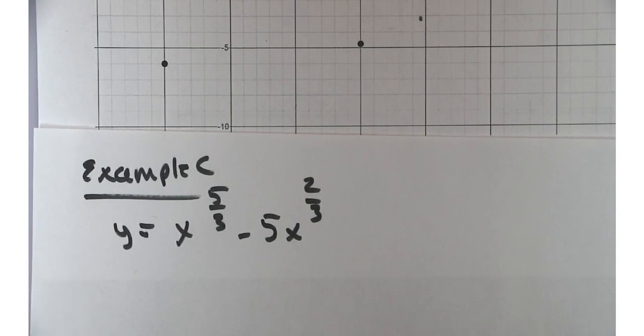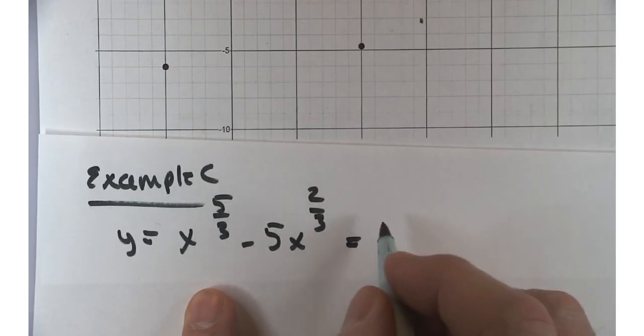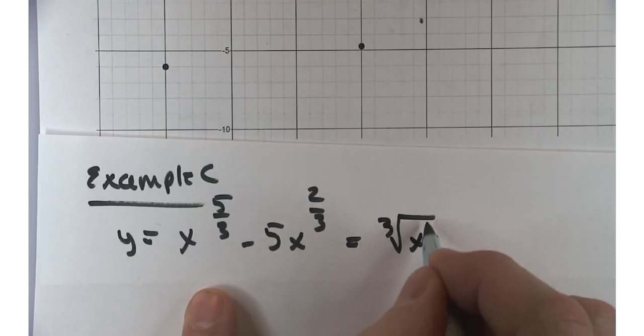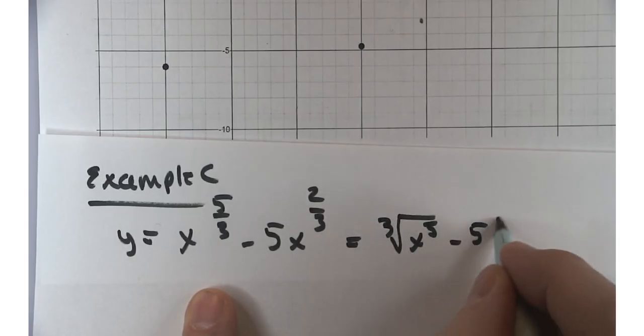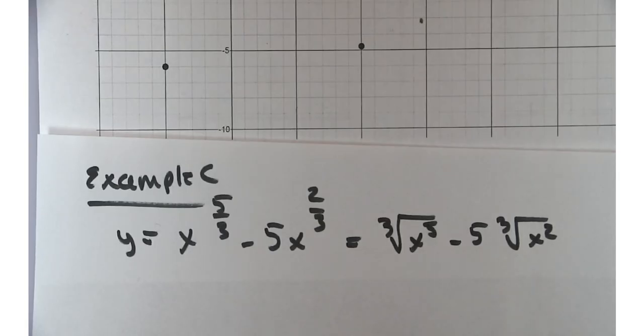Now, you could rewrite these with roots. It's not going to help you differentiate things, quite the reverse. Cube root of x to the 5th minus 5 times the cube root of x squared. Can you take the cube root of a negative number? Cube root of negative 8? What's your calculator say if you try to take the cube root of negative 8?